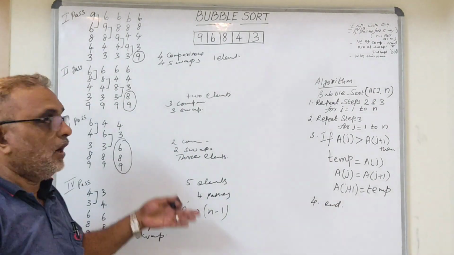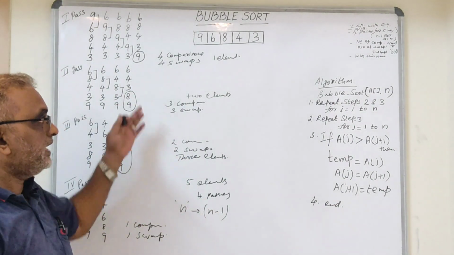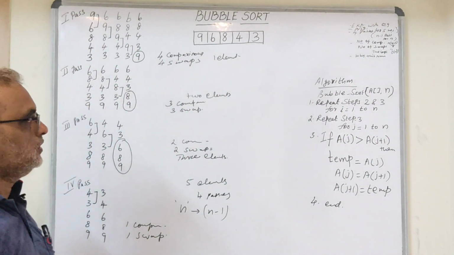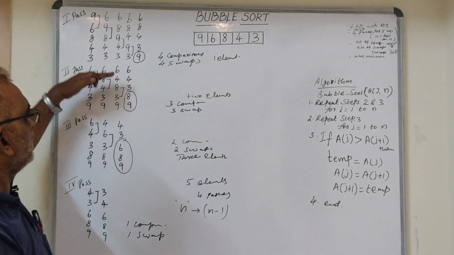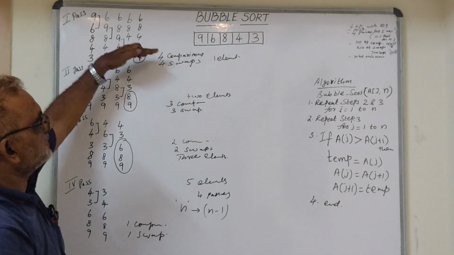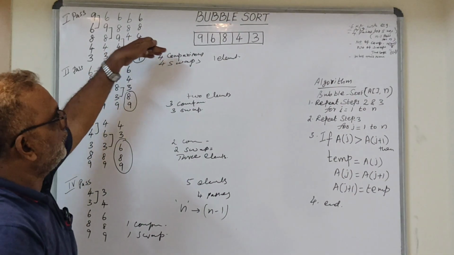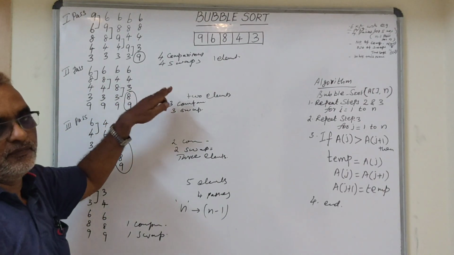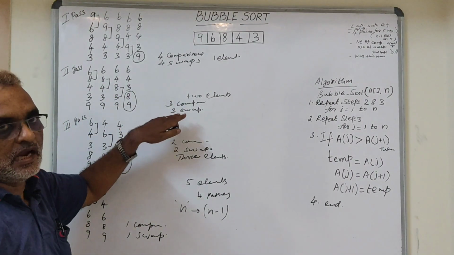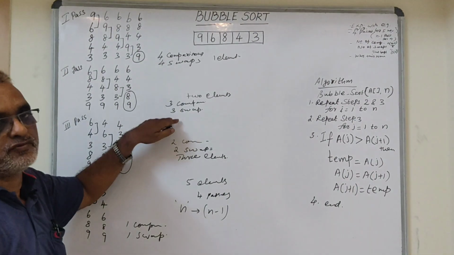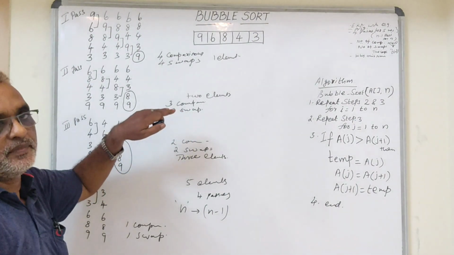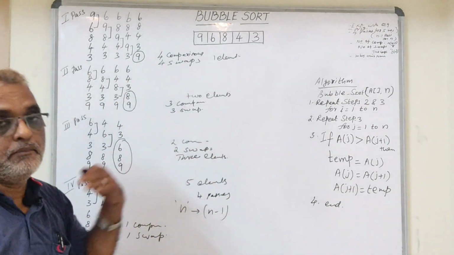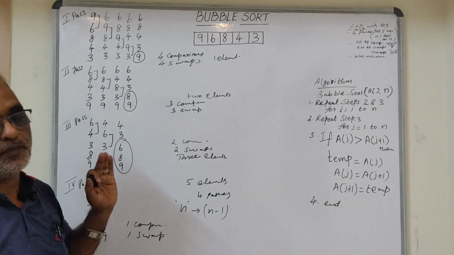How do we calculate the amount of time taken for performing this sorting? You compare all these 4 passes. In the first pass we had 4 comparisons, 4 swaps. In the second we got 3 comparisons, and the maximum possibility of swapping is 3, though we have done only 2. But we can consider the maximum possibility, that is 3 swaps.